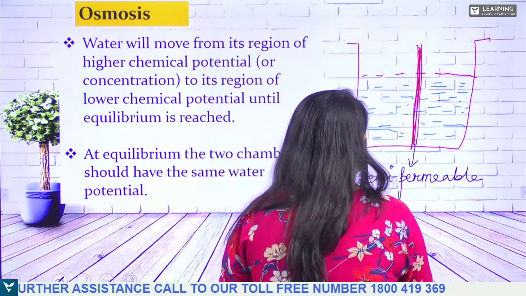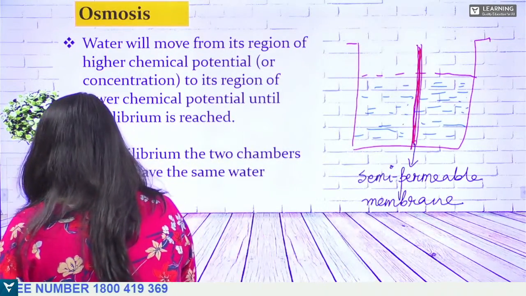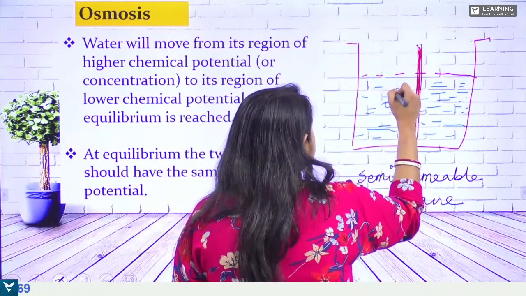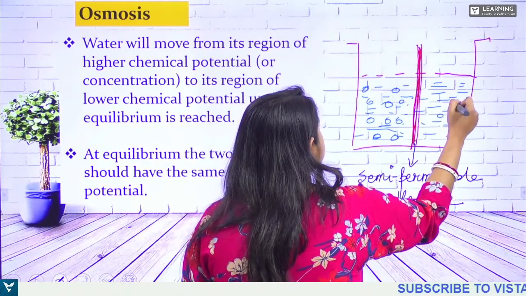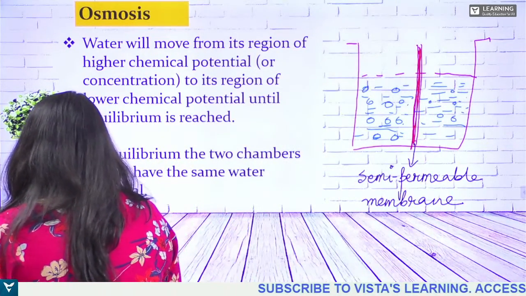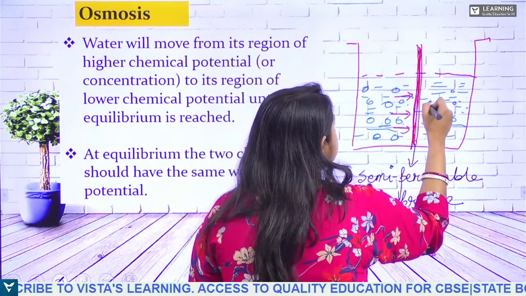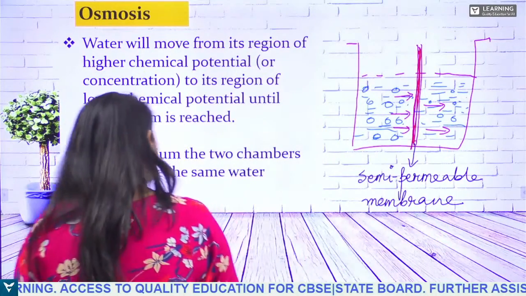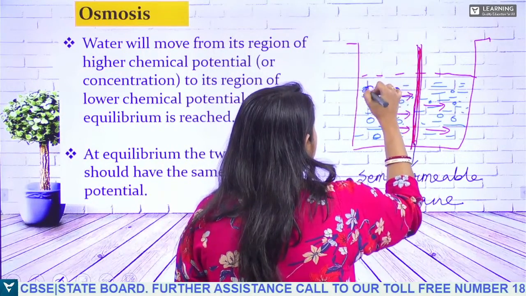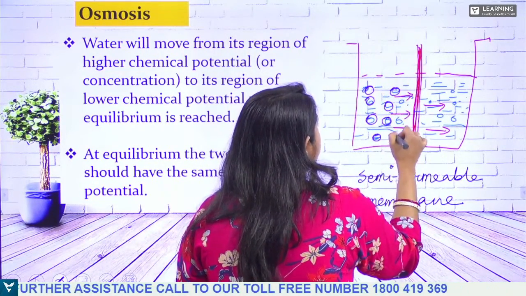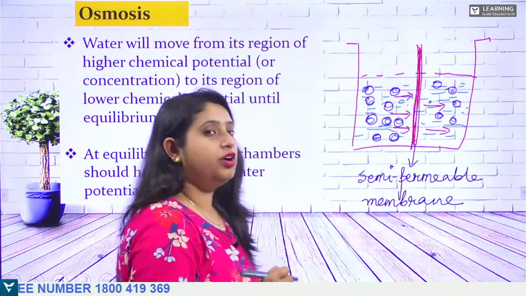These are all the water molecules which will be moving through the semi-permeable membrane from the region of higher concentration to the region of lower concentration.